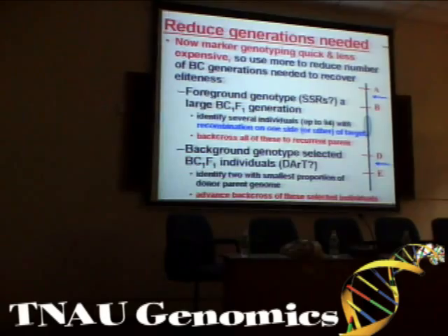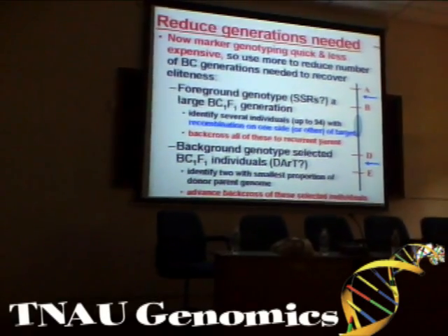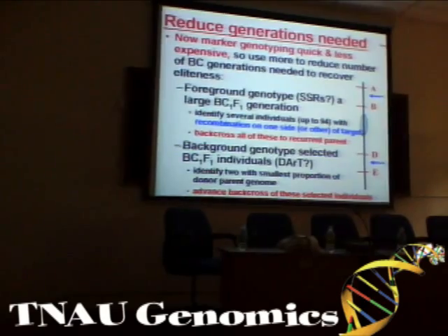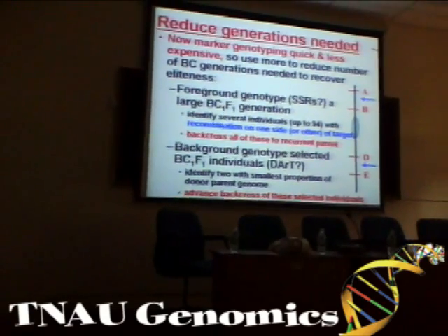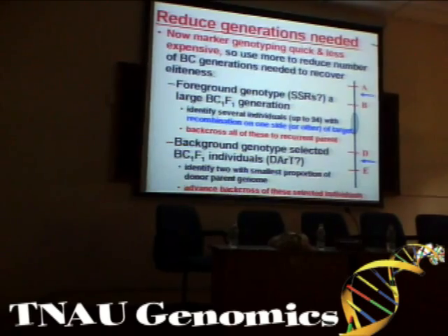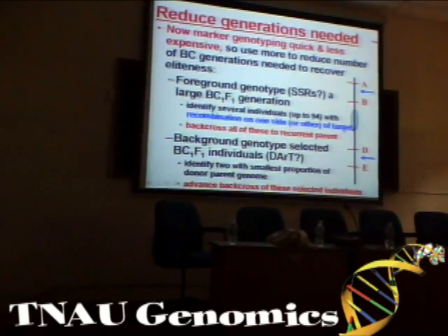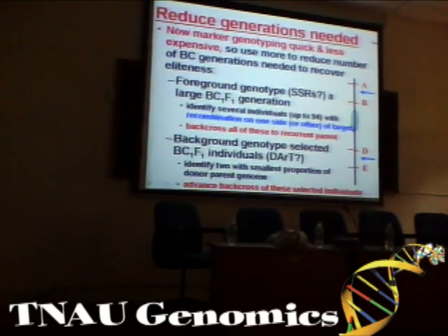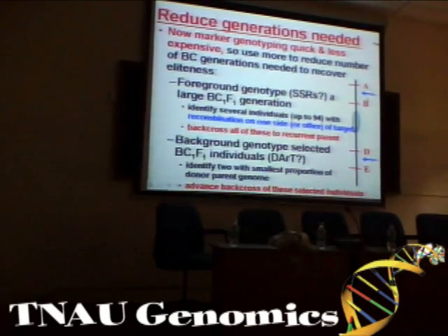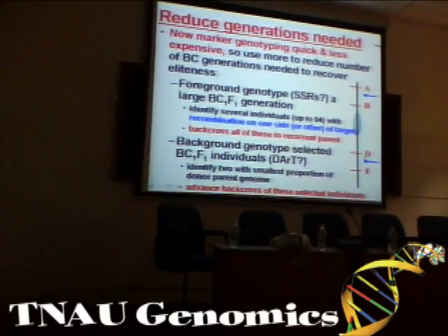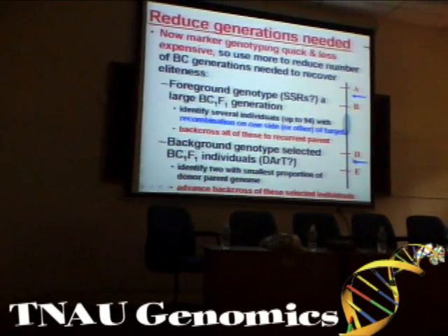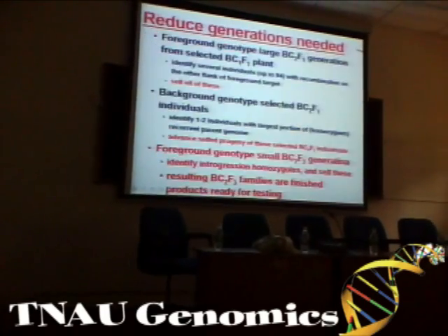And then we are able to take those individuals, do background selection at loci distant from that QTL, identify the individuals that are heterozygous for the favorable alleles at markers B and D but have a high percentage of recovery elsewhere of the recurrent parent genome, and then advance those genotypes.